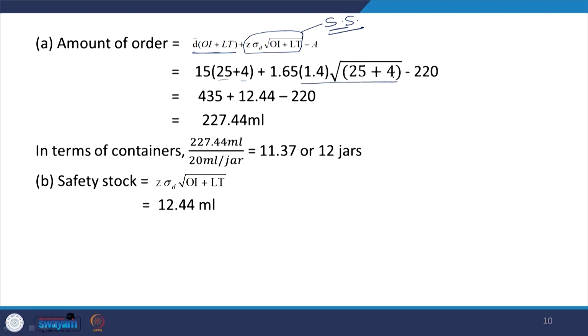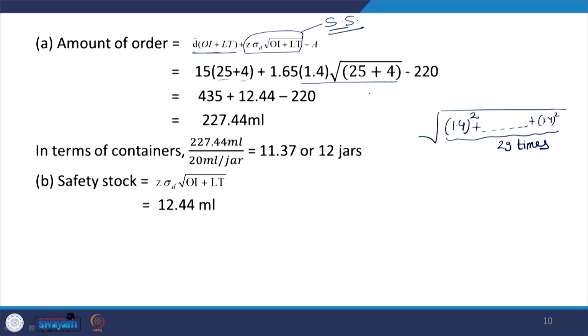So, this is this calculation. Actually what I am doing here, I am putting 1.4 square, 29 times, and that is what I have written in the simplified manner, and the inventory on stock is 220 units.